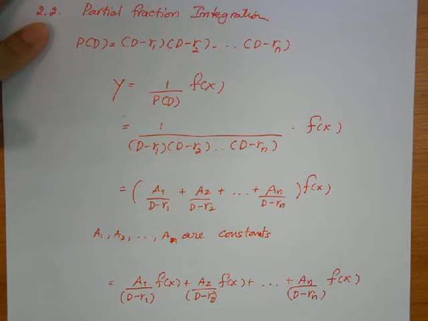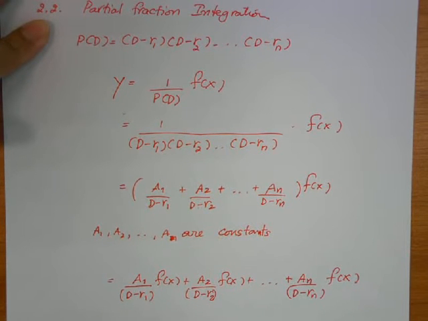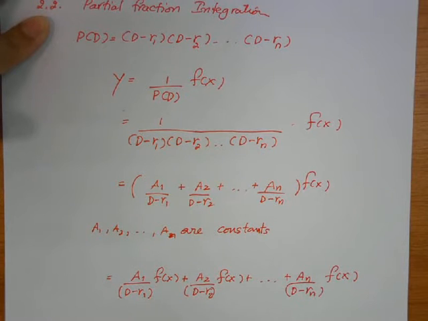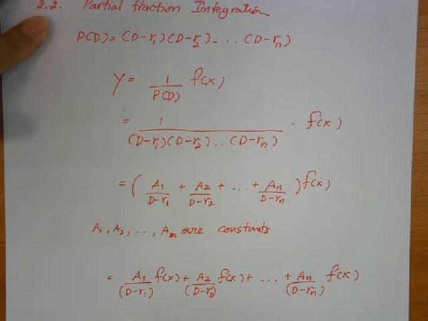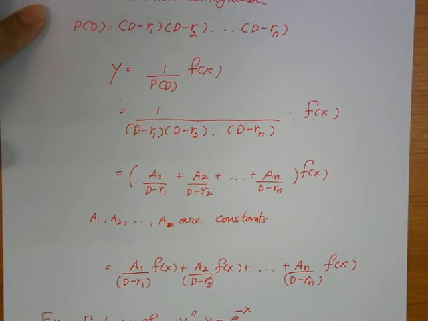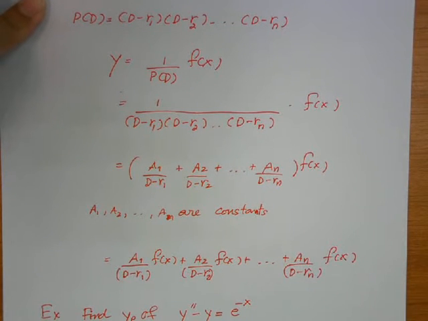Let's take a look at this example. It is the same example as the previous one, but instead of using successive integration, I'm going to do the partial fraction integration.